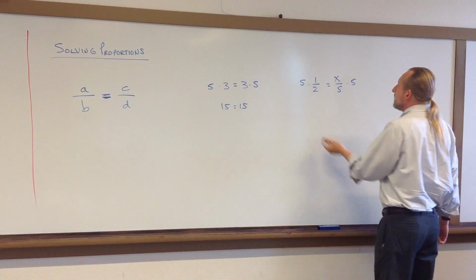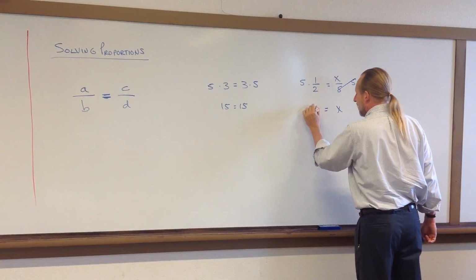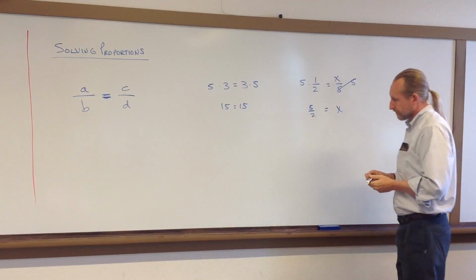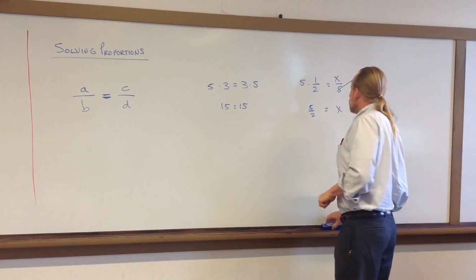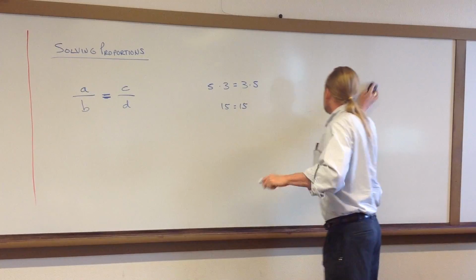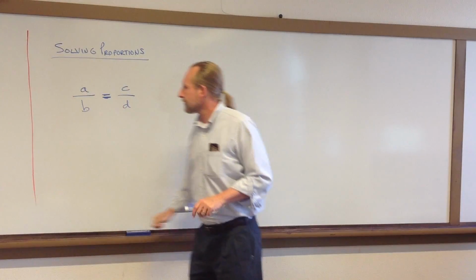The 5s cancel each other out, and we get x is 5 over 2. We'll do more of this after the midterm when we talk about algebra, but we are going to use this process to solve proportions.